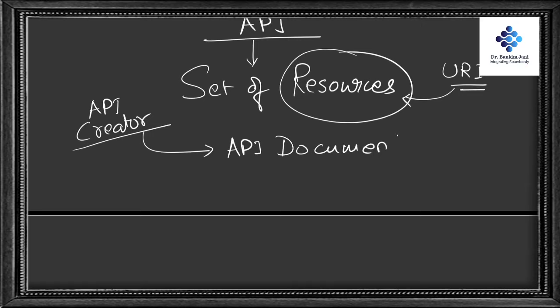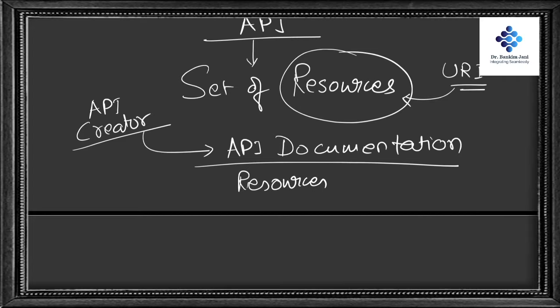So in API documentation, they write in detail about resources plus the URI for each resource. So it is a combination of resource plus associated URI. So in simple words, that is what API documentation is.